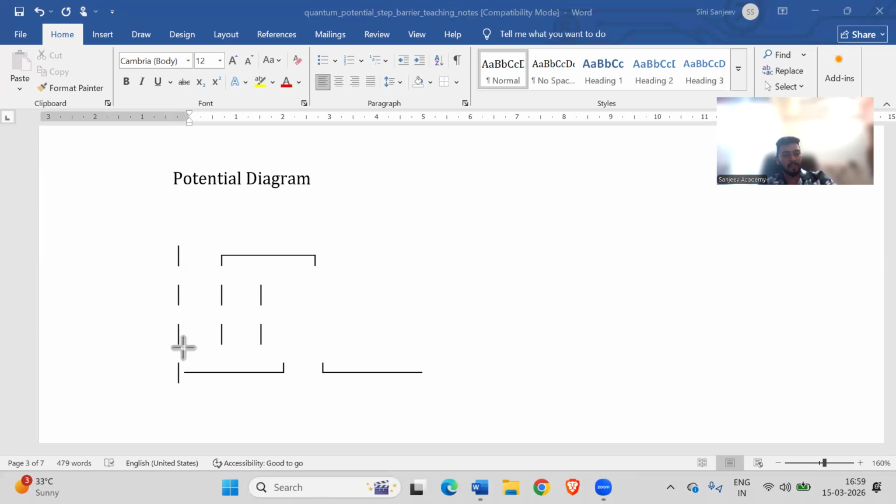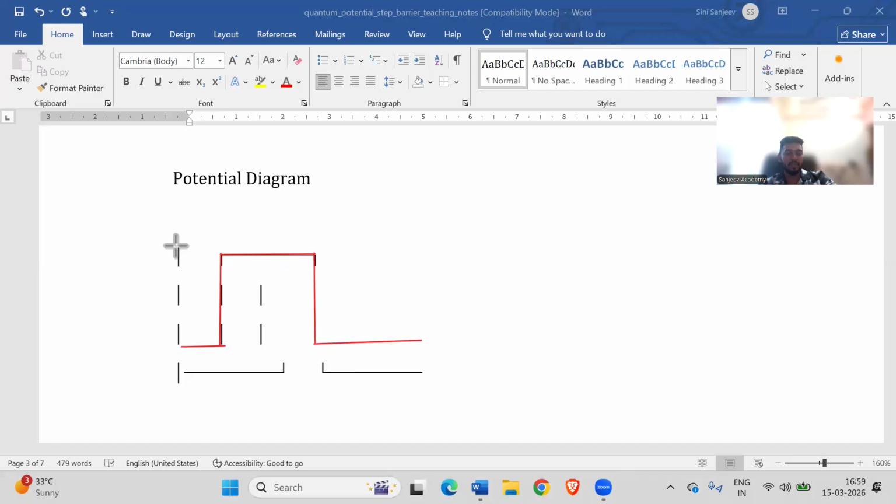This is region 1, and this also will join here, 2, and this will be my 3, and this will be my 4. I think you can see there is a small width, right?